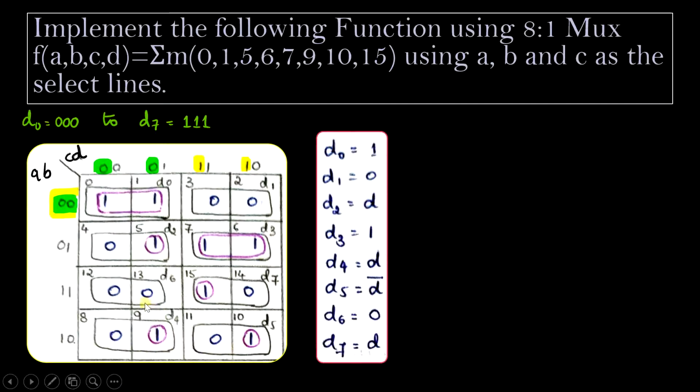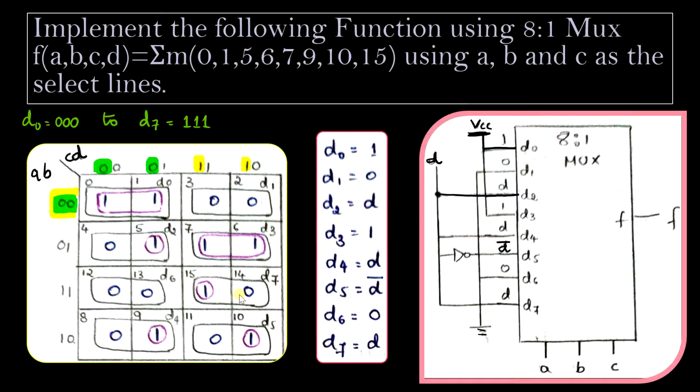For D6, it was 0, and for D7, it was equal to D. So based on that, I can draw the 8:1 mux in this particular form, where A, B, C are the select lines, and you have the data lines in terms of D.